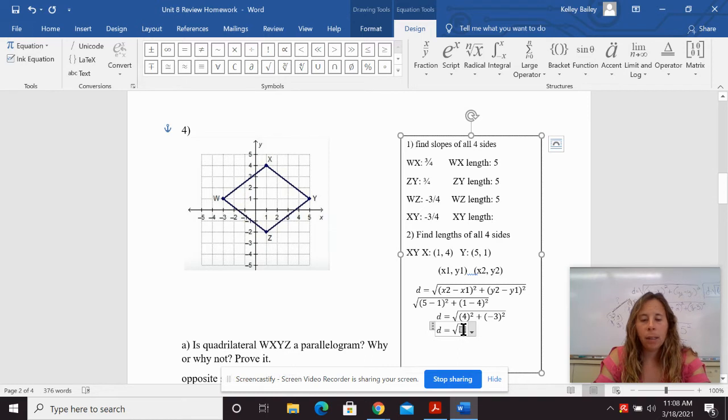Four squared is 16. -3 squared is 9. Add them together, square root of 25, which is equal to 5.